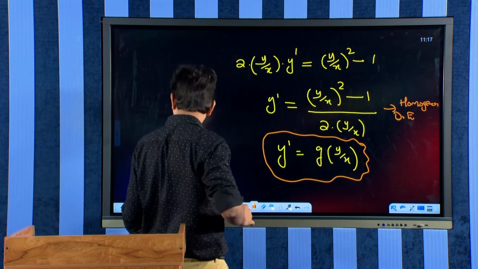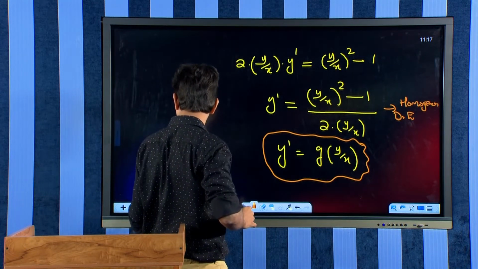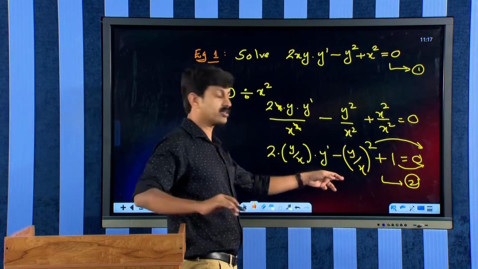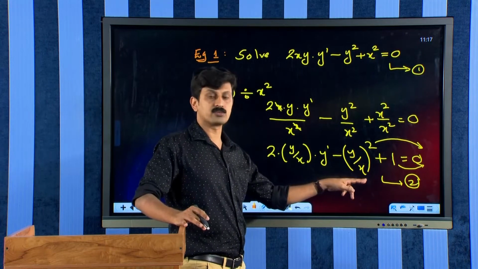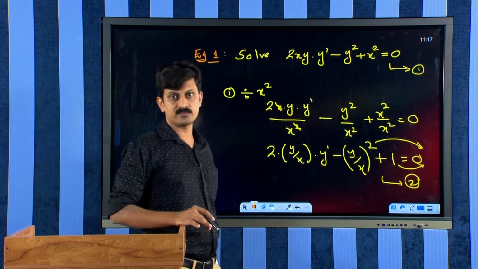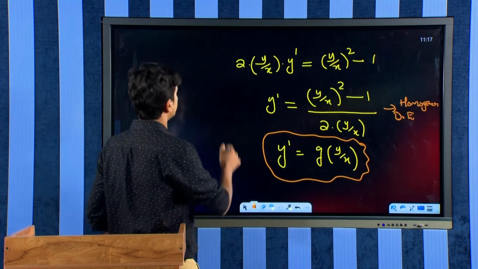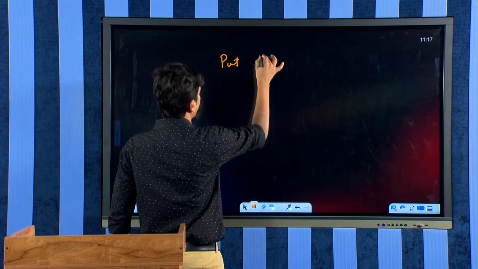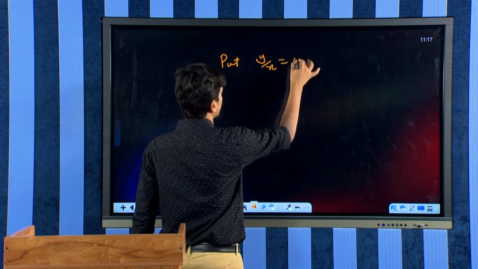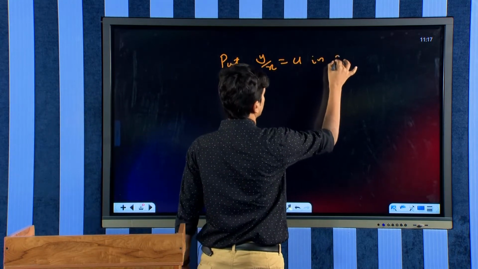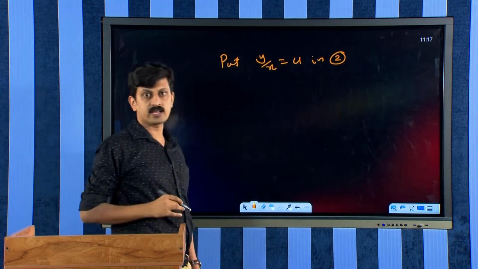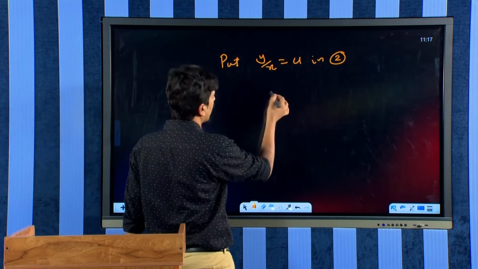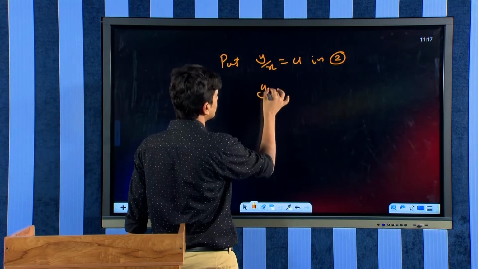We have equation number 2 here. In this equation number 2, I just put y by x is equal to u. So, put y by x is equal to u in equation 2. We have y is equal to ux.